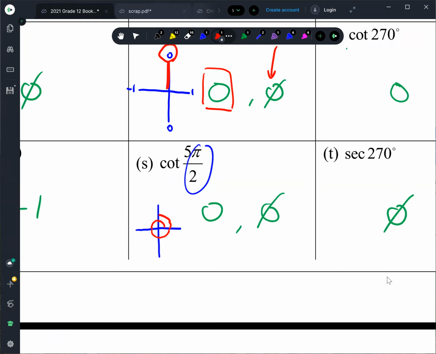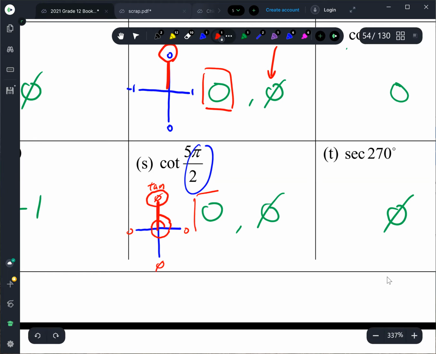You have 5 pieces of pi over 2. So it stops here. Okay? So stopping here, we're doing cotangent. Cotangent is the reciprocal of tangent, right? So for tangent is undefined, 0, 0, right? But you want to reciprocal that. Reciprocal of undefined will give you 0. So answer should be 0.